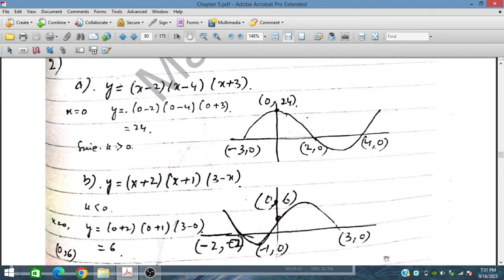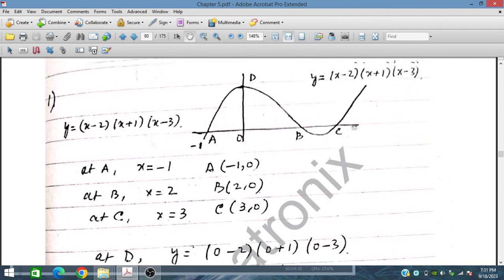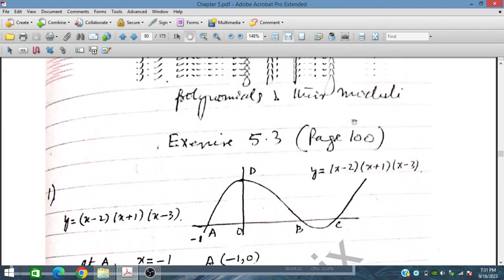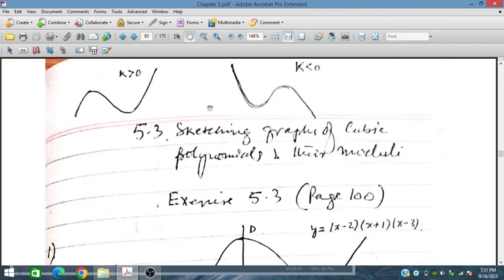When the x cubed coefficient k is positive, the curve will be drawn like this. When k is less than 0, meaning negative, the curve will be drawn like this. So this is the general trend.